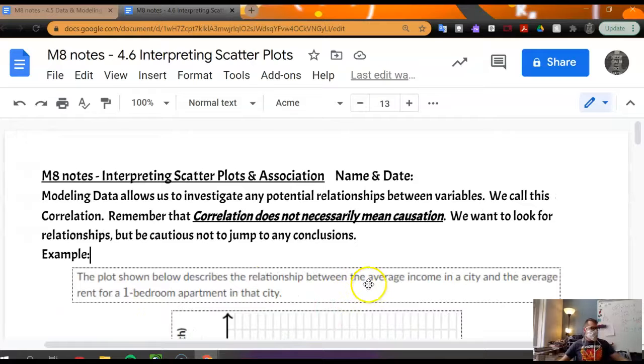All right. So, again, modeling data is so that we investigate potential relationships, right? If you're going to operate as a statistician, you cannot go into something with a bias or setting out trying to prove something. Guys, that is what I mean about these commercials and infomercials.